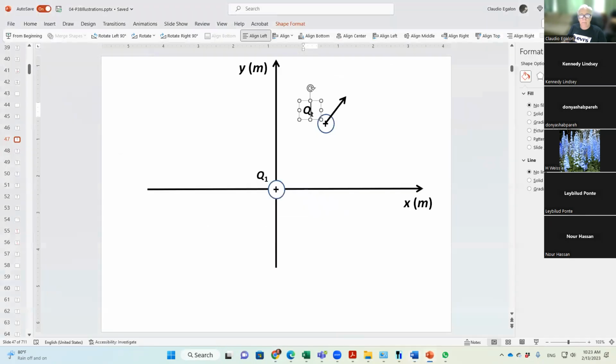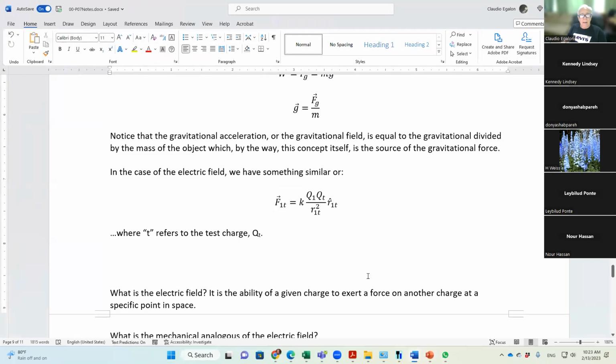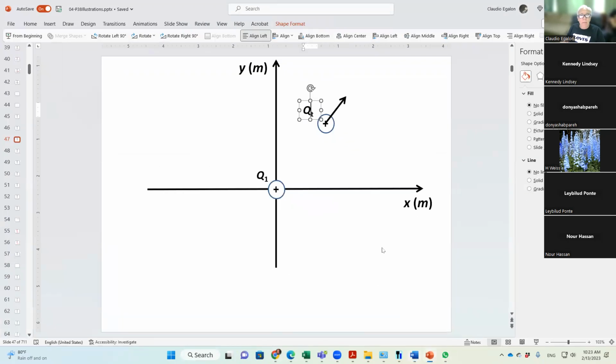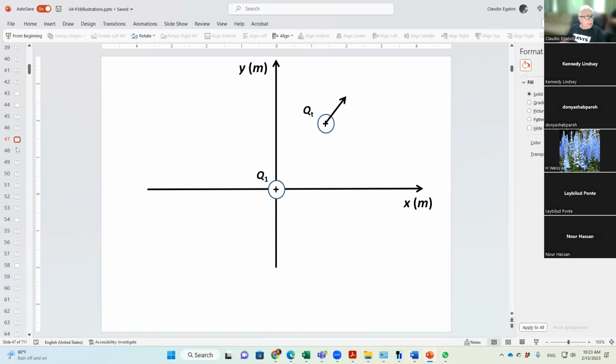Going back here. Okay. That r1T is gonna be what? r1T. Let's get this. Here we go.